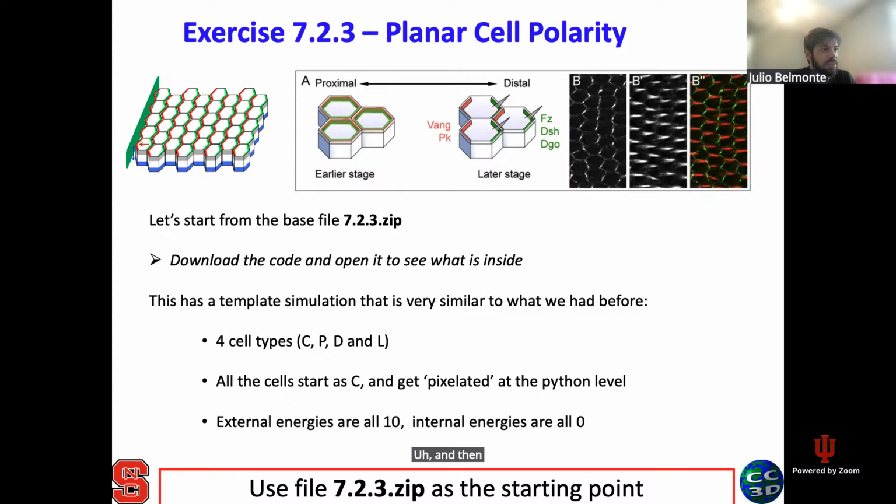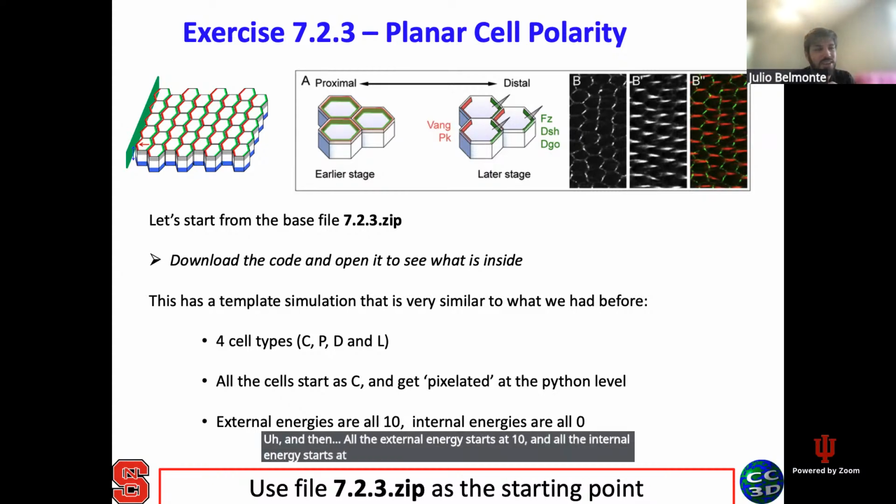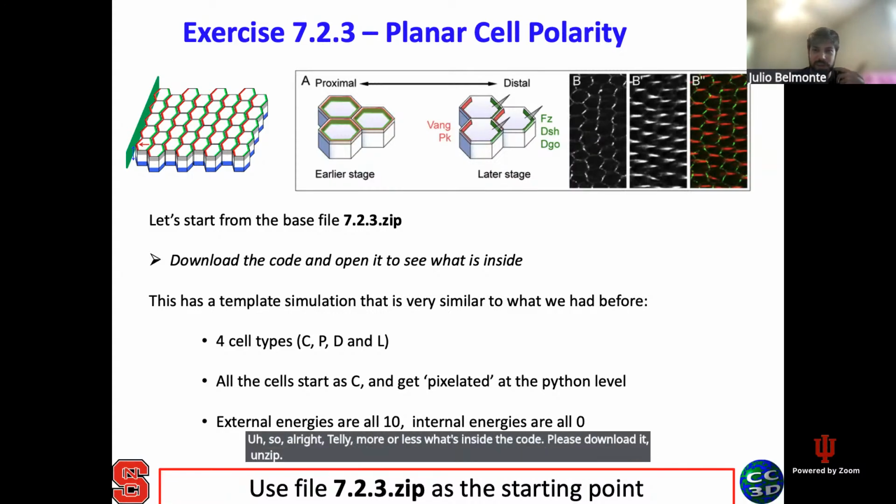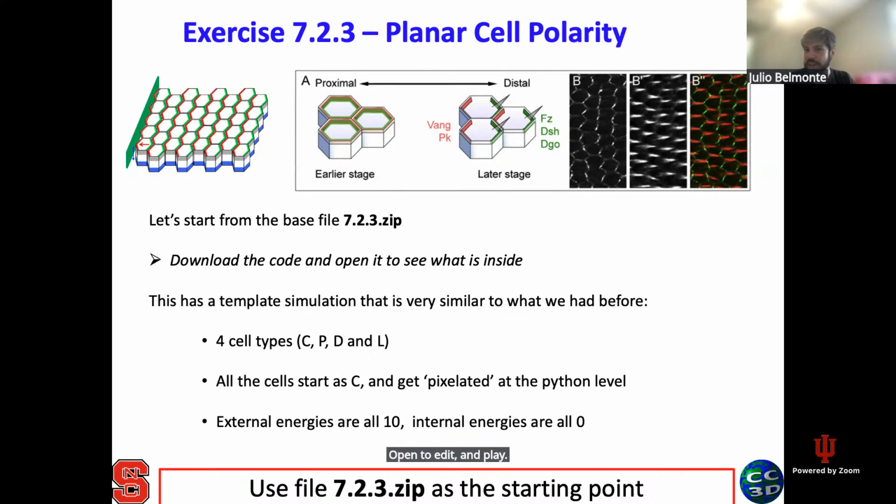And then all the external energy starts at 10, and all the internal energy starts at 0. So, all right, that's more or less what's inside the code. Please download it, unzip, open Tweet it, and play, and tell me what you get with this file.